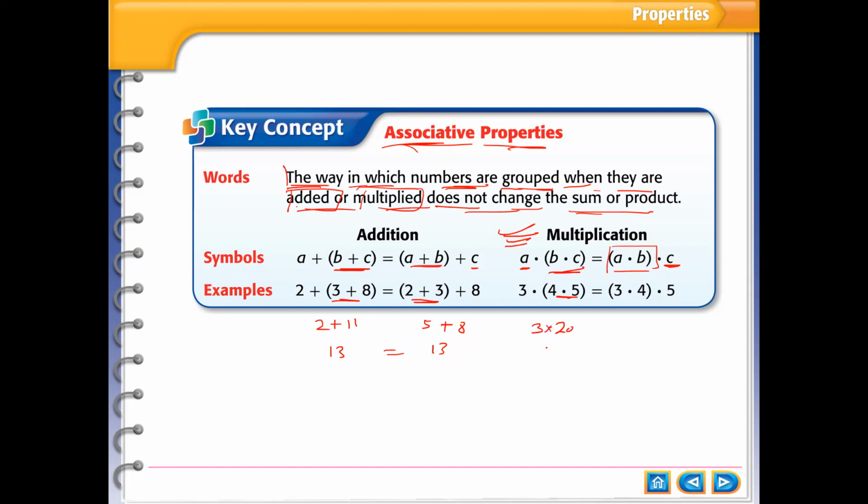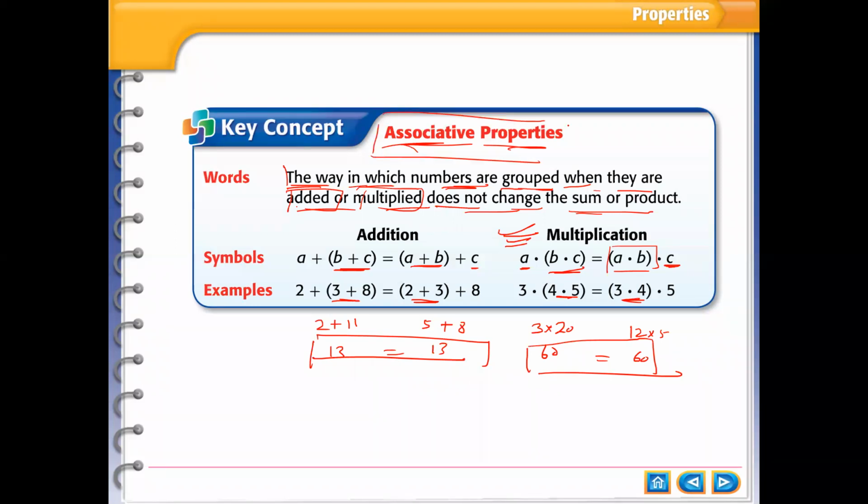This dot means multiplication, 60. Now 3 4s are 12, 12 5s are 60. So as you can see, we get the same answer both sides, whether in addition or in multiplication. So this property is called associative property.